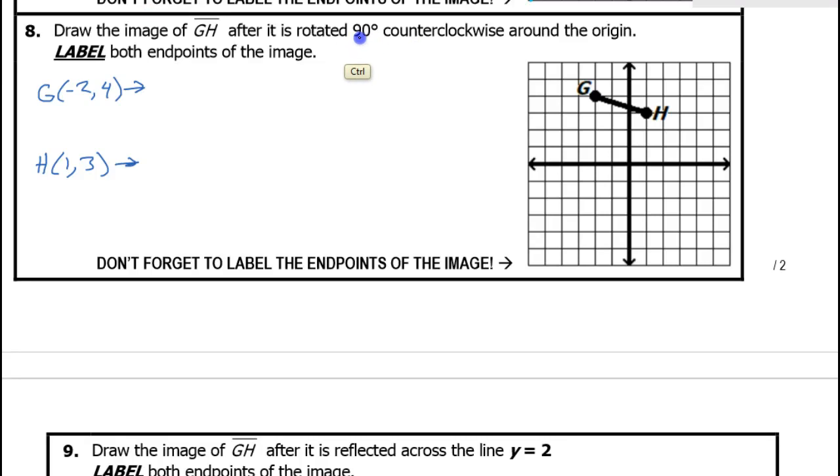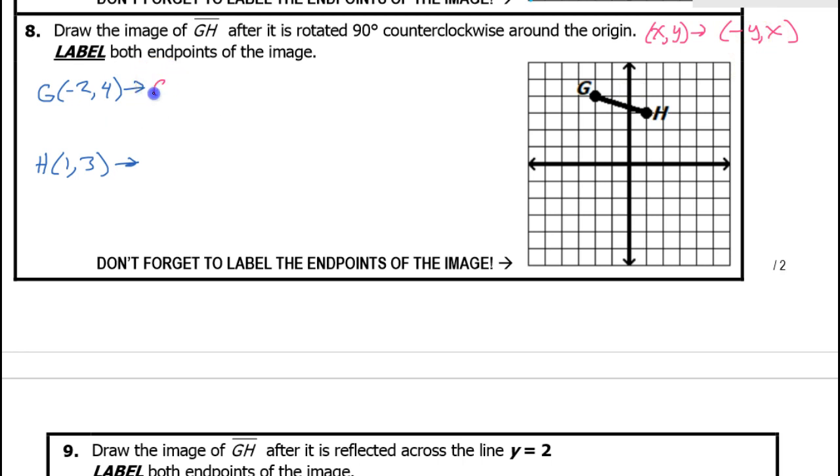So we have hopefully memorized that a 90-degree counterclockwise rotation maps (x, y) onto (-y, x). All right, counterclockwise. That's where the y becomes negative. Well, the y changes signs, and the x stays the same.